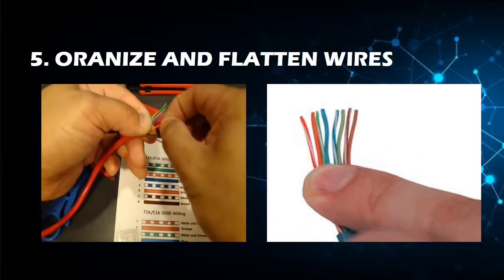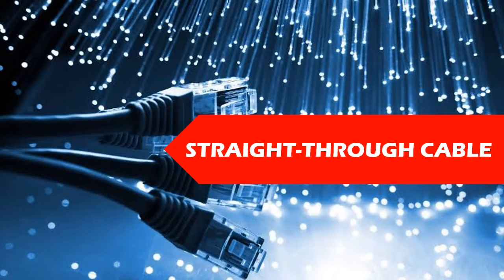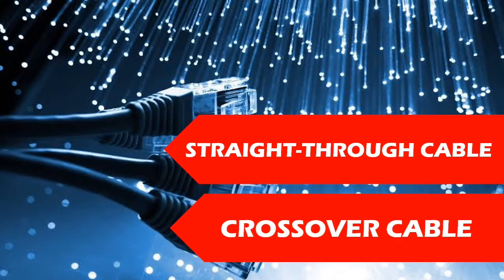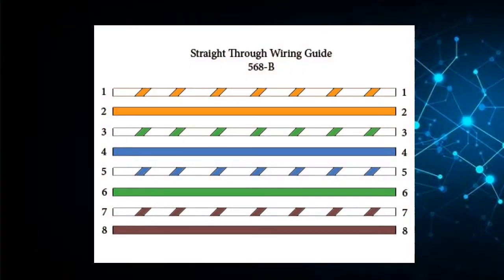In this topic, we are talking about the cable termination of the straight-through cable and the crossover cable. These two have the same procedures but different ways of organizing the wires. In straight-through cable, both ends of the cable have the same termination standard, or the same arrangement of the colors of wires.